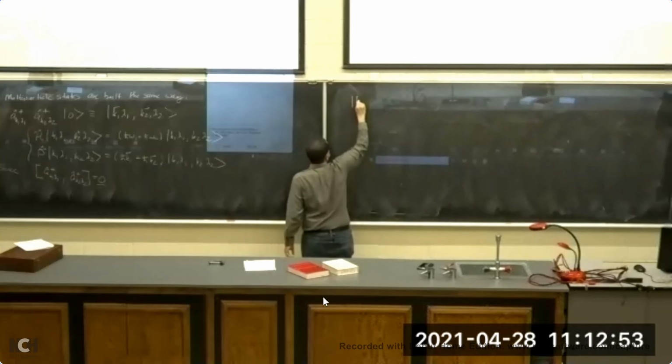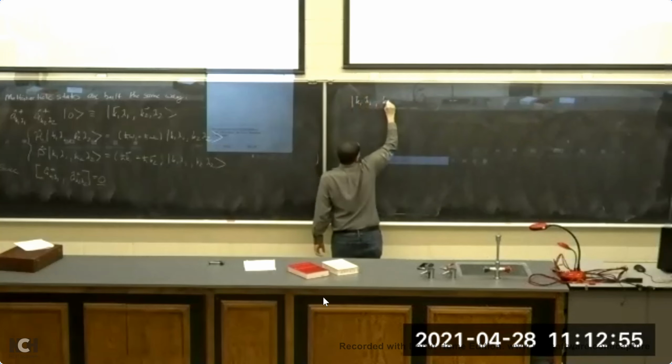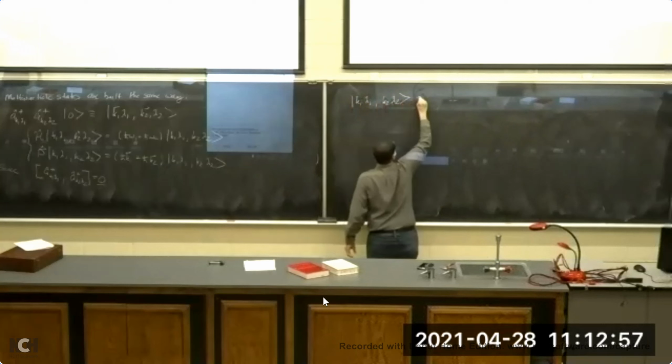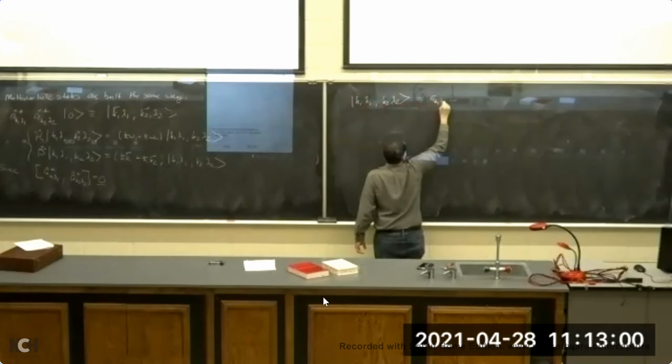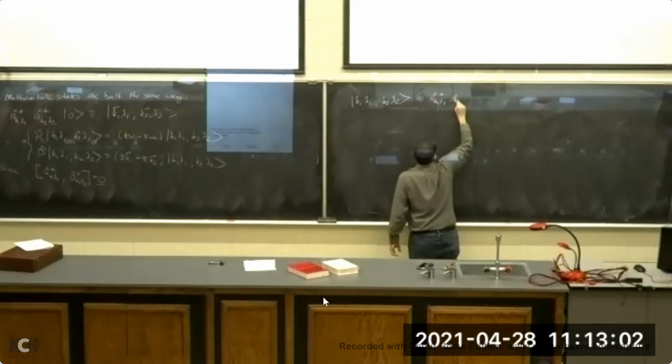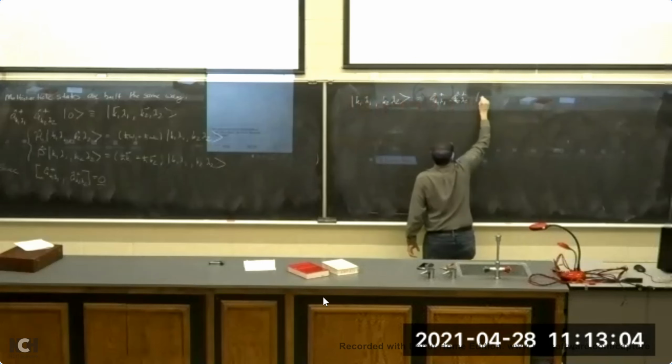So that means that my state K1 lambda 1, K2 lambda 2, which is A K1 lambda 1 dagger, A K2 lambda 2 dagger acting on the vacuum.